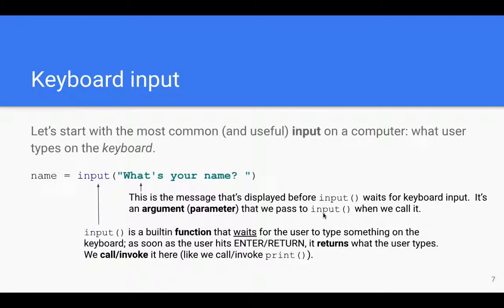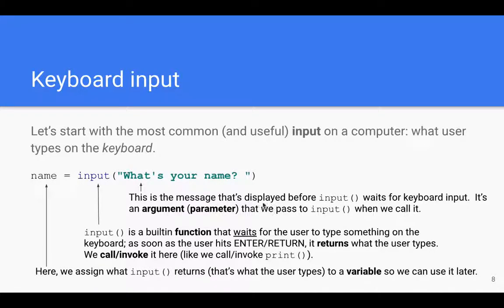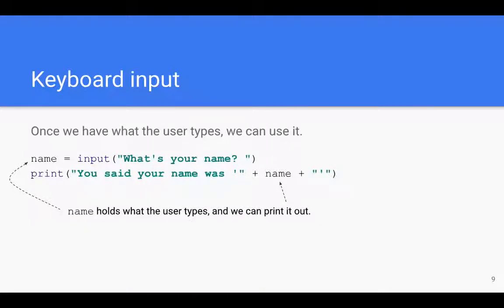It's a message that's displayed on the screen before input waits for the user to type something. And finally, input returns whatever the user types. We capture that and store it in the variable name, and we can use name just as we use a variable any way we want.